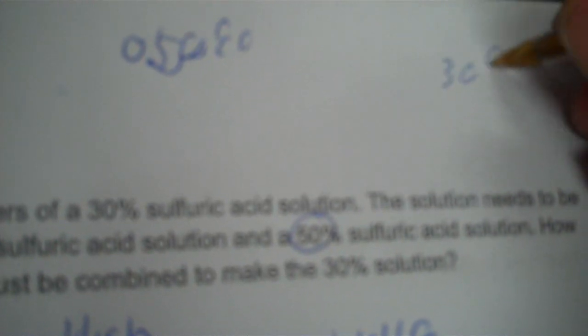Yes, I'm well aware that's 0.2 and that's 0.5. Okay, if that's driving you nuts, it ain't going to matter, but you can just write 0.2, 0.5. Okay, I personally never dropped the 0, that's just me. Now the middle's the 30%. That's what you want to end up with, 30%. So 0.30. Okay.